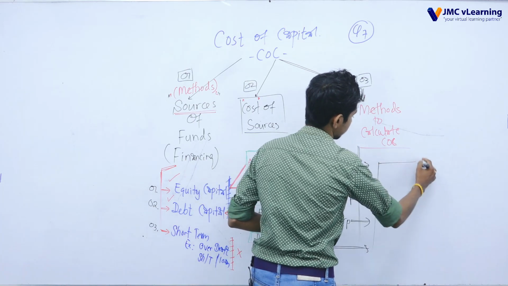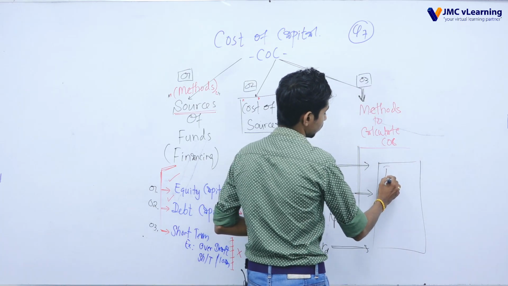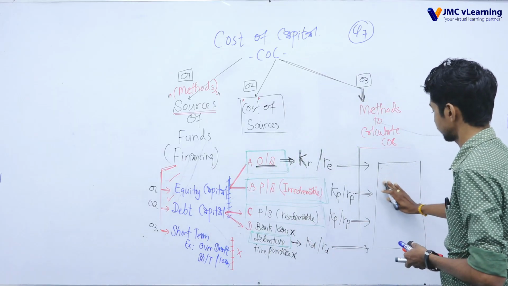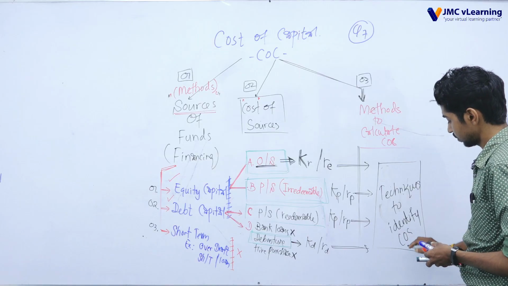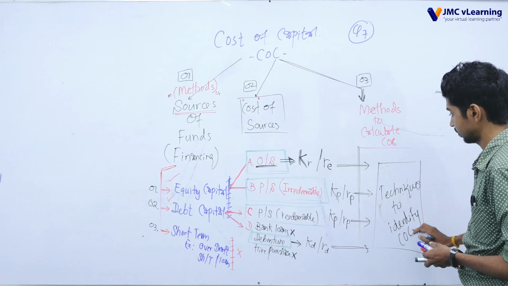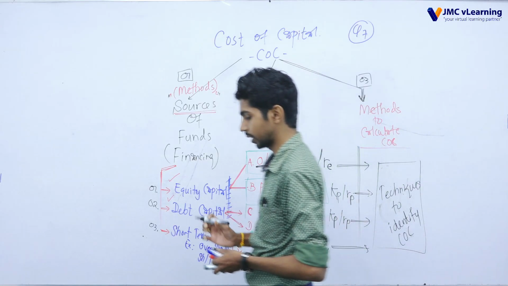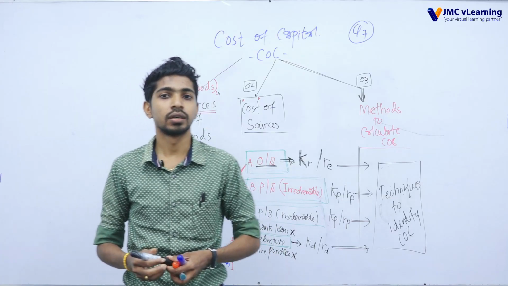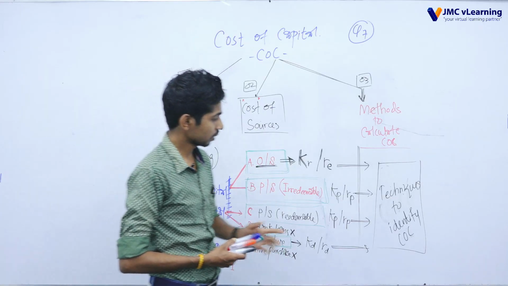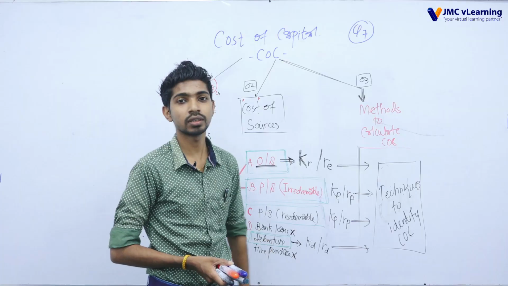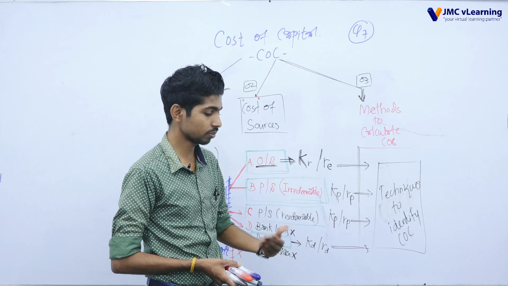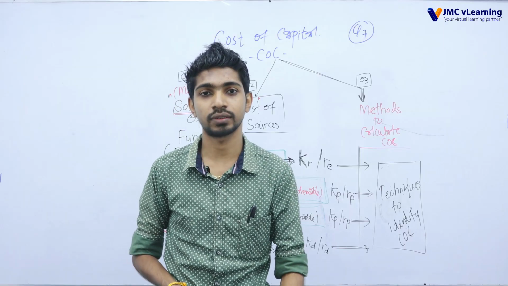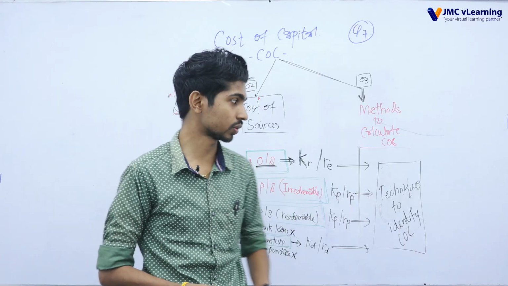Here we have to know about the techniques to identify the cost of capital. That is the major part of our topic. We have to identify the methods, how to calculate, and incorporate the techniques to identify each source.